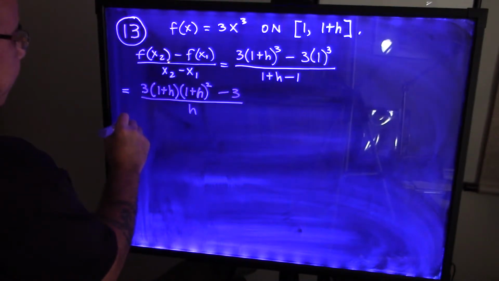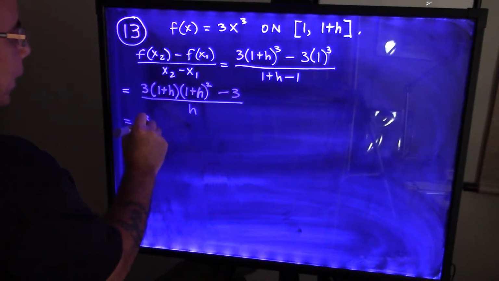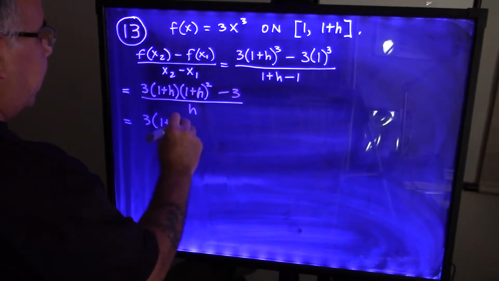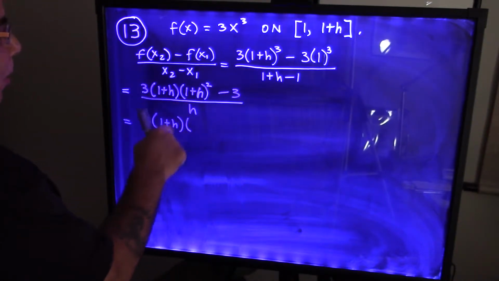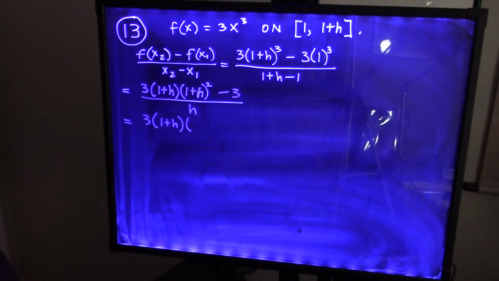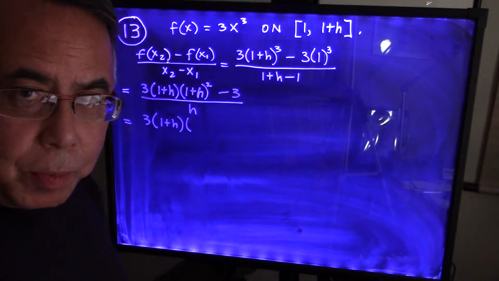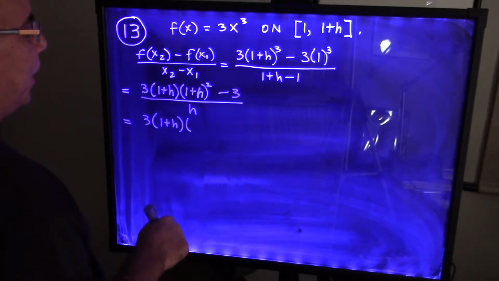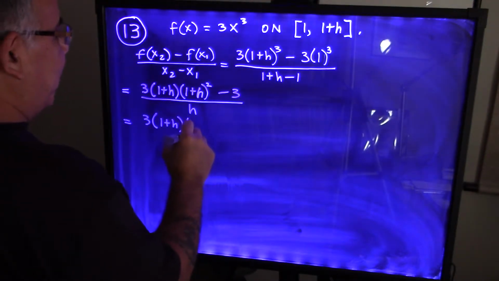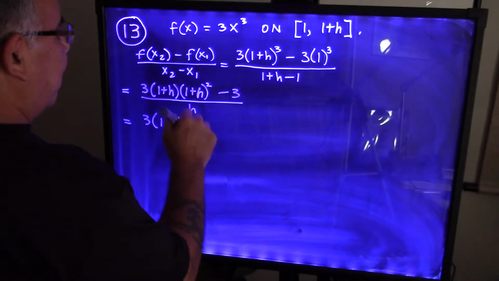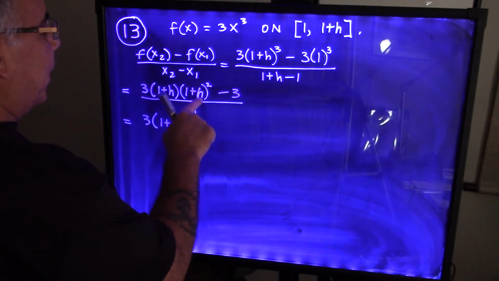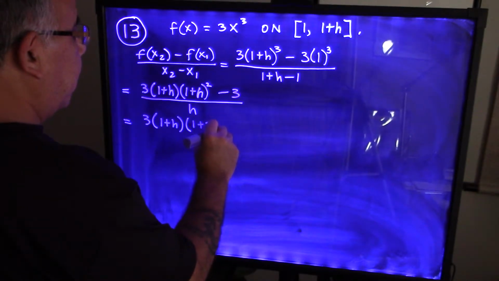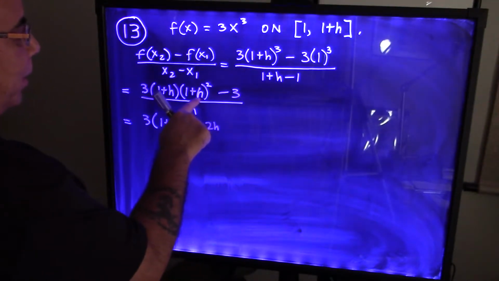Alright. So we have 3, parentheses 1 plus h. And this is a binomial squared. A plus b squared is a squared plus 2ab plus b squared, right? So a would be 1 and the b would be the h. So you got a squared, that's 1 squared, which is 1, plus 2ab, 2 times 1 times h, which is just 2h, plus b squared or plus h squared.